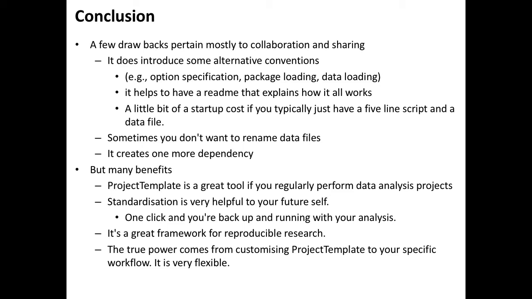You're not going to see the standard list of library statements at the top of your R script, and data loading just happens auto-magically. So people may be wondering, where did this data file come from? I usually get around that by having a README file that explains that to people.